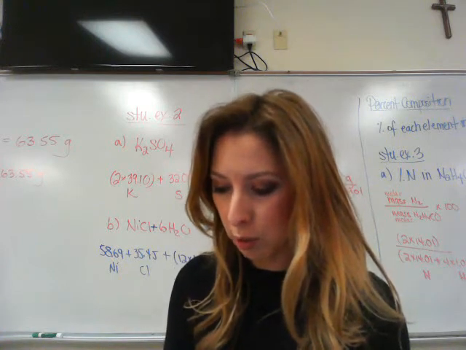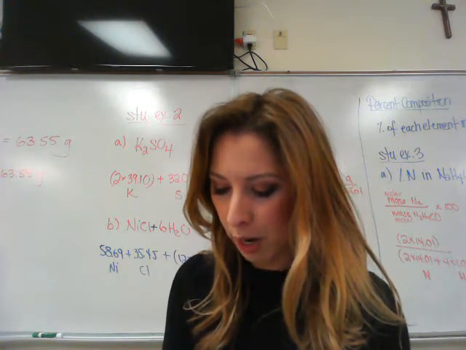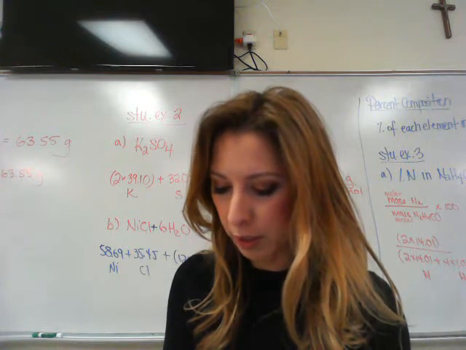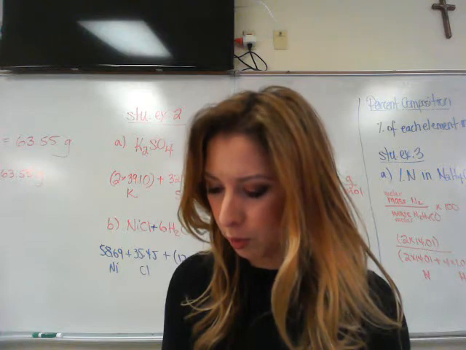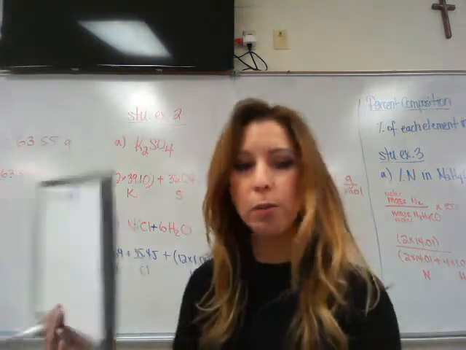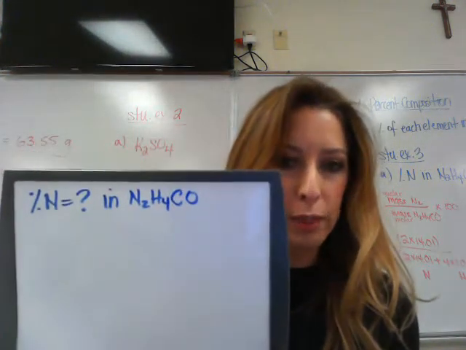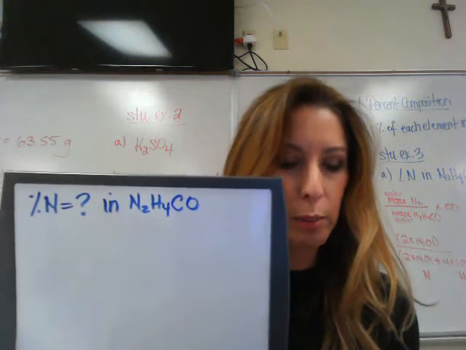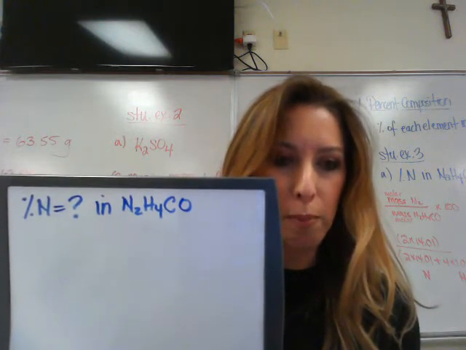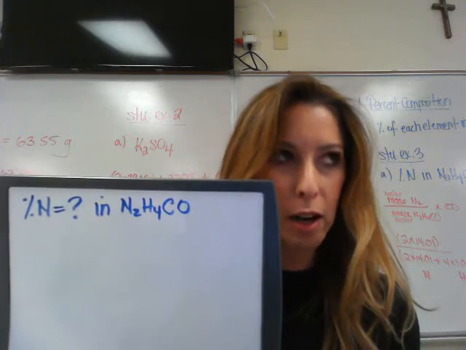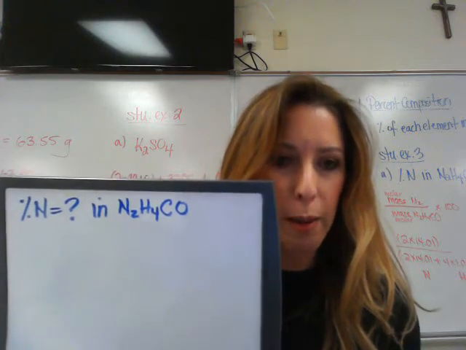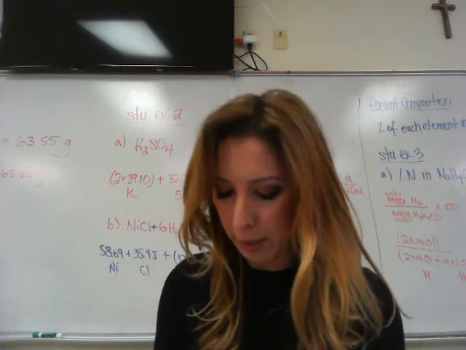So if we're looking at student exercise number 3, where I want the percentage of nitrogen in urea, which is N2H4CO. Okay, so they're specifying the percentage of which element they want. You're going to do the mass of nitrogen in the compound divided by the mass of the compound, and then you're going to multiply it by 100, and we're using the molar masses here.